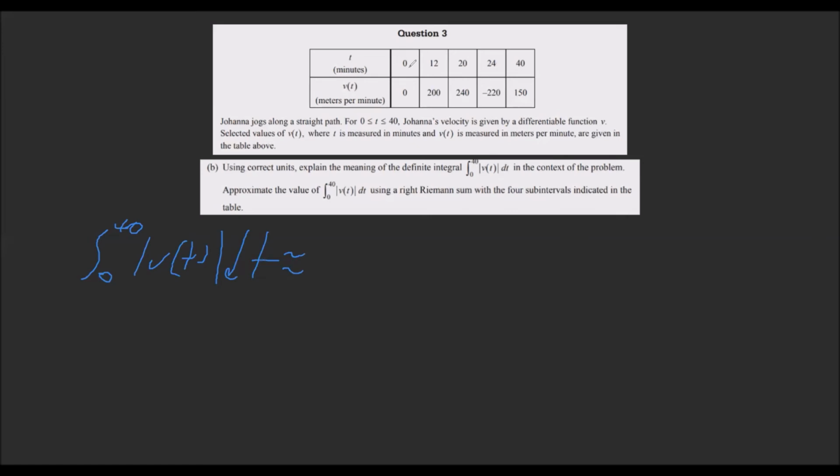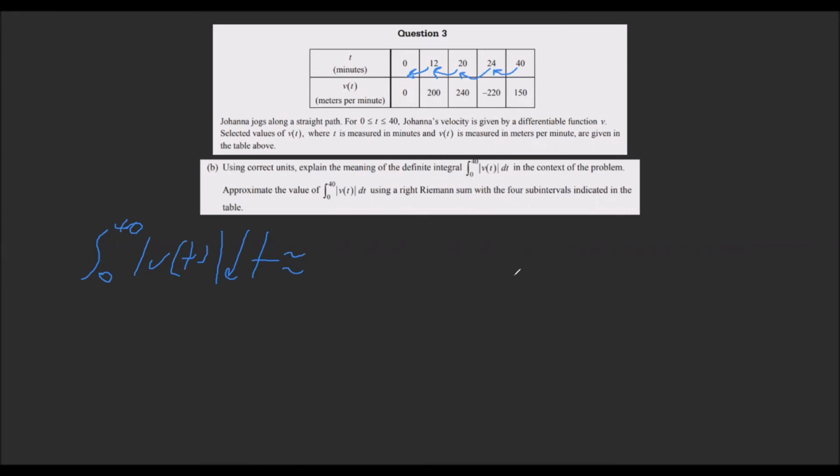Naturally, with a left Riemann sum, you would use that interval, that interval, that interval, and that interval, and you'd end up with 4 subintervals or rectangles. But with a right Riemann sum, remember that you have a graph sort of like this. Well, the graph may look nothing like this, but this is the process of a right Riemann sum. You take it from here, you bring it over here, and you multiply. So what we're doing here is we're using this interval here, this interval here, this interval here, and this interval here.